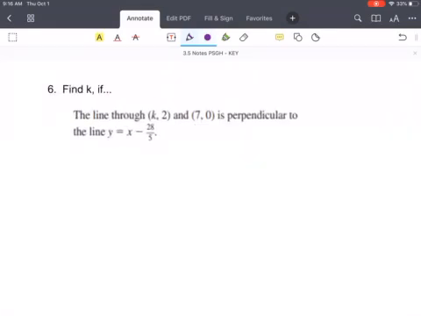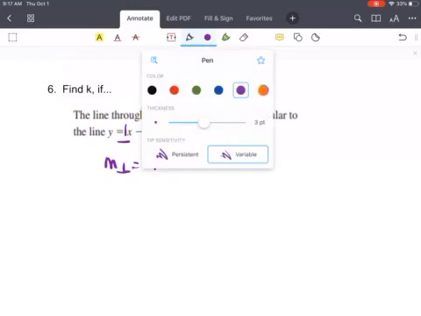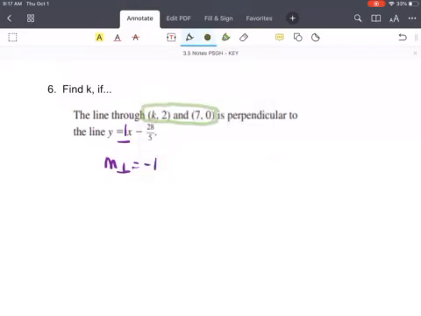And then last problem, finding k if the line through k, 2 and 7, 0 is perpendicular to this given line. First off, if the slope is 1, the perpendicular slope is going to be -1. So we need to plug these points in and make sure that the slope, when you plug those 2 points in, is -1.